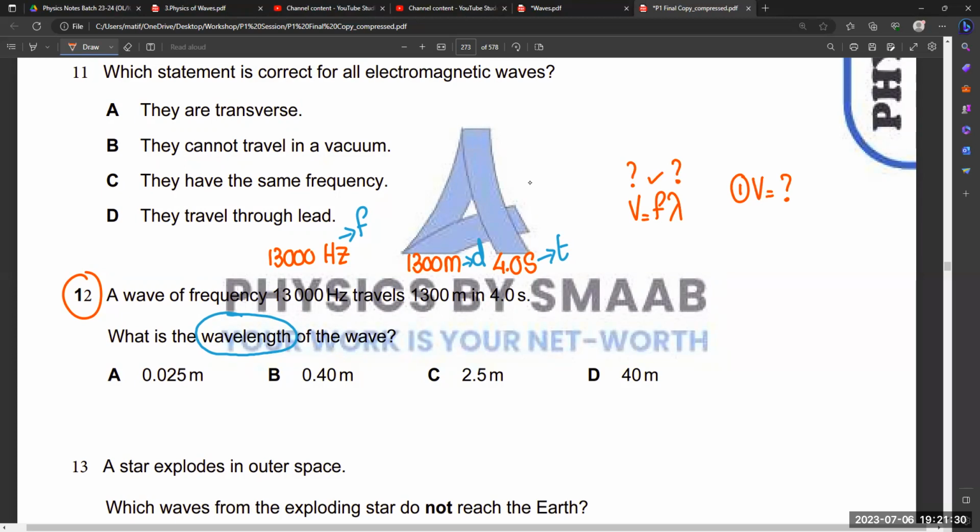With the help of the other values, can we find the value of V? Do you remember the basic formula of velocity or speed in kinematics, or in motion?